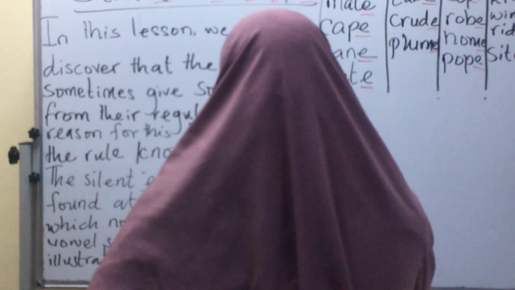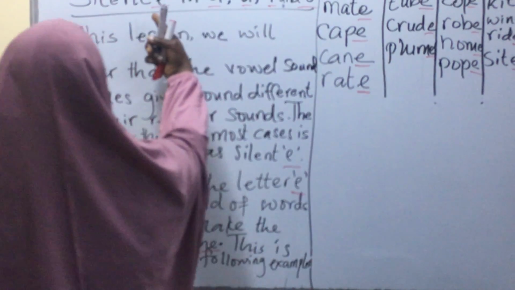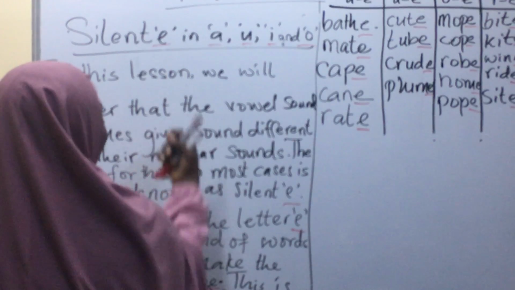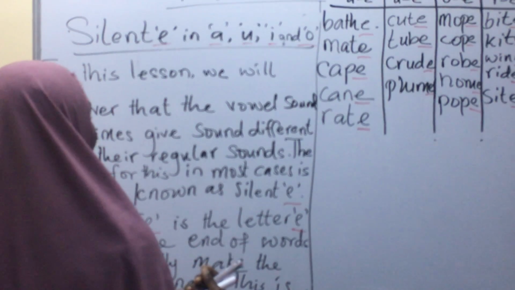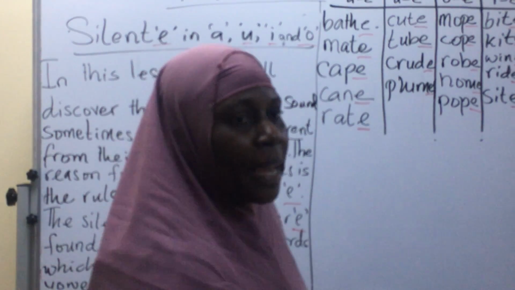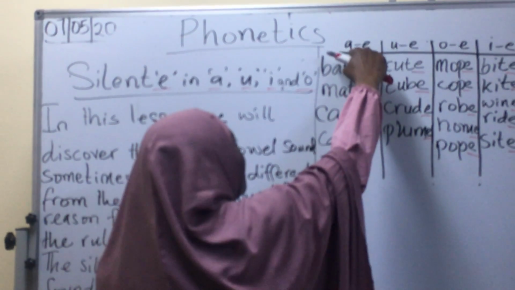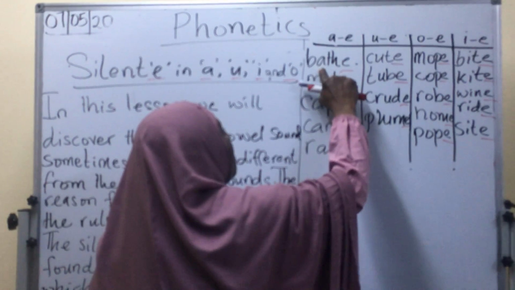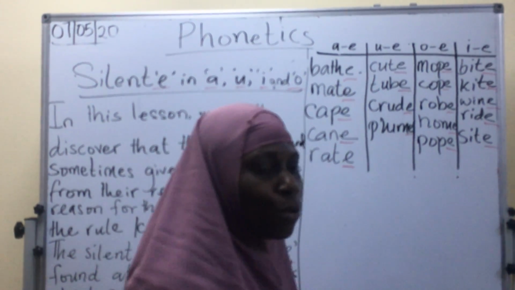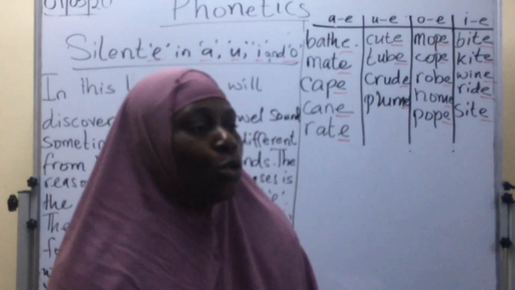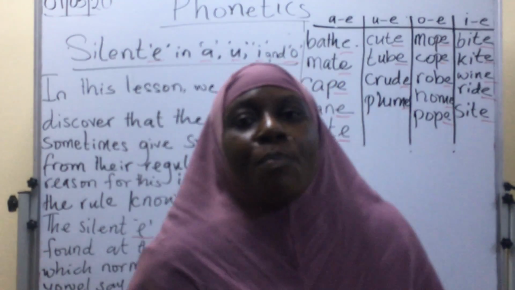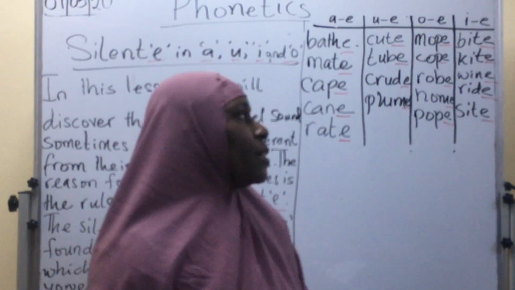But in these lessons, because of this E that is going to be silent, that letter A, as we are looking at this table here, is going to say its name, not its sound that we are used to. So it's going to be the name of the letter.